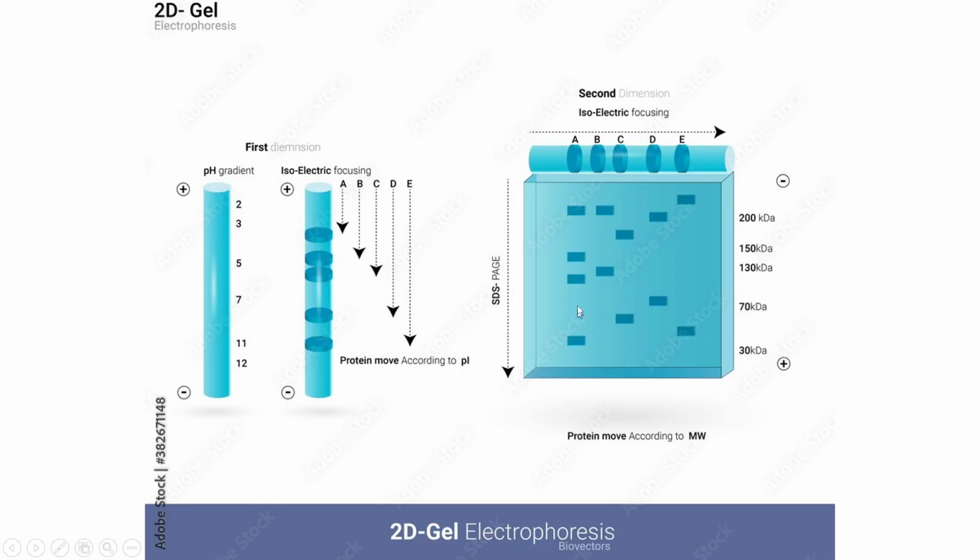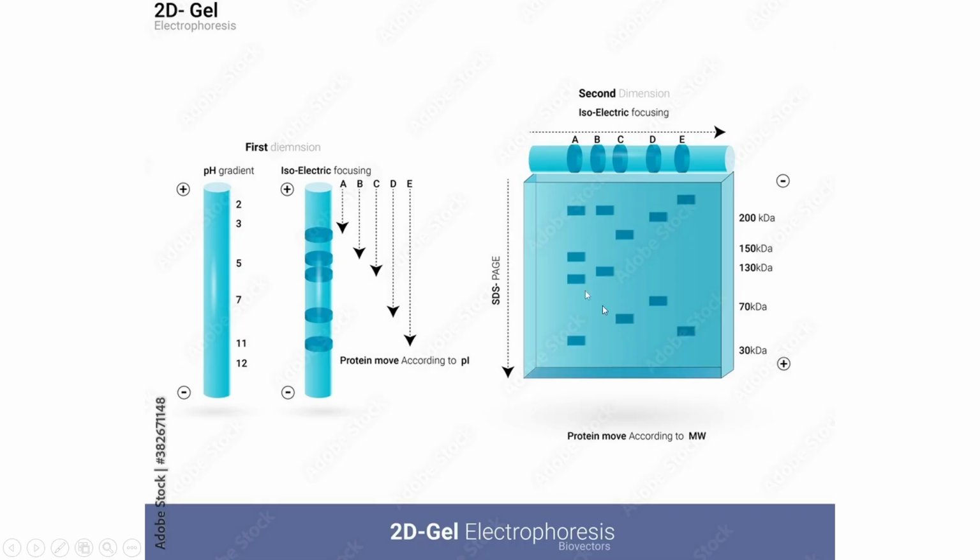So doing isoelectric focusing and then SDS-PAGE helps you fractionate proteins much more efficiently. Or else, if you take the same sample and do SDS-PAGE, all of these proteins will be present in one lane itself. So initial separation separates them depending upon the PI, and then separating in the second dimension helps you fractionate them in a much better way by doing 2D gel electrophoresis.